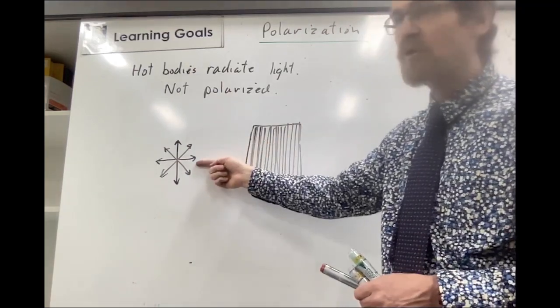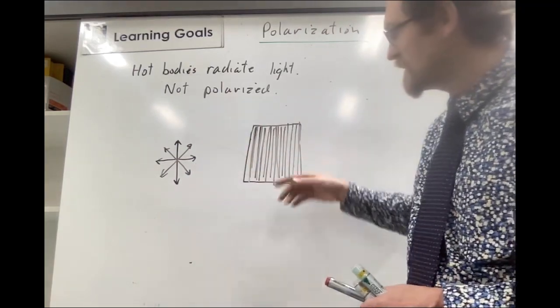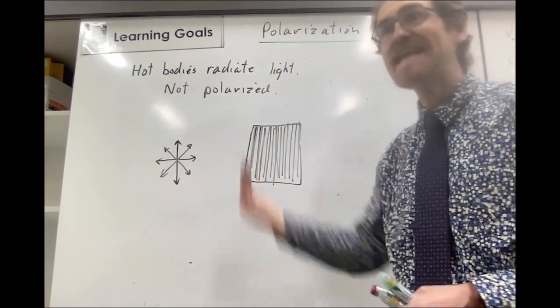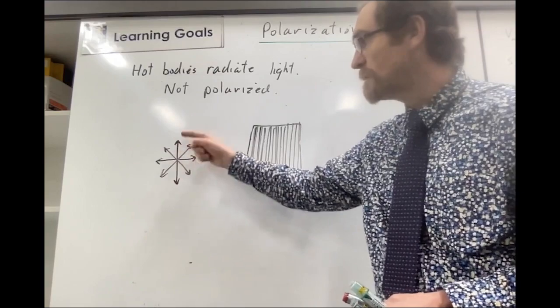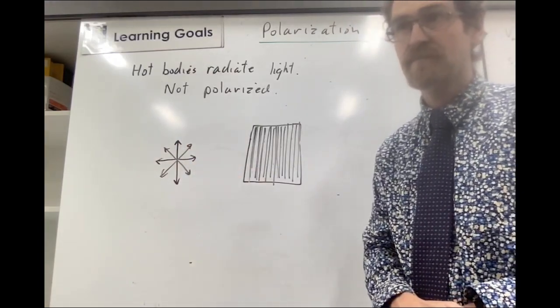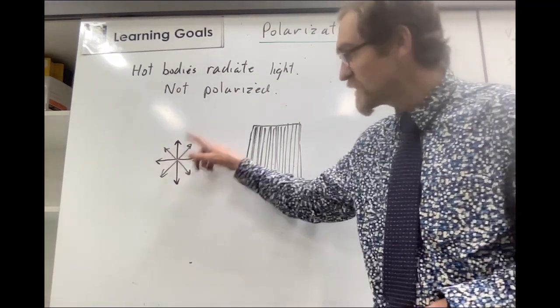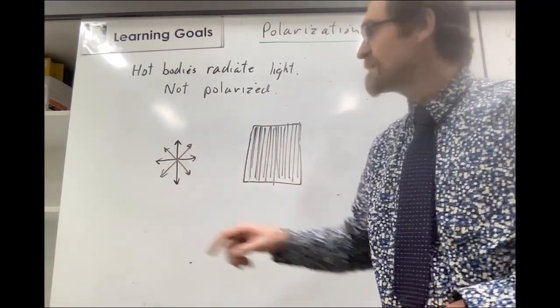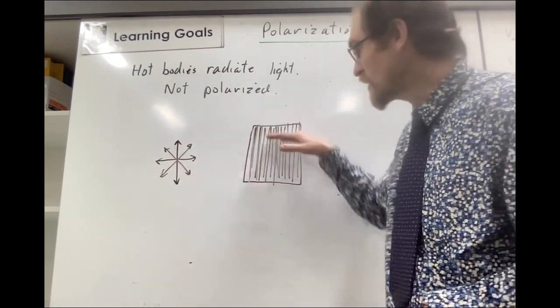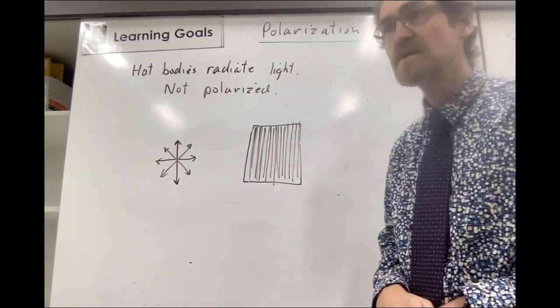As the unpolarized light moves through the screen, these electrons are inspired to move up and down by the vertical electrical components of this unpolarized light. That means the vertical electrical components are doing work on these tiny little electrons.